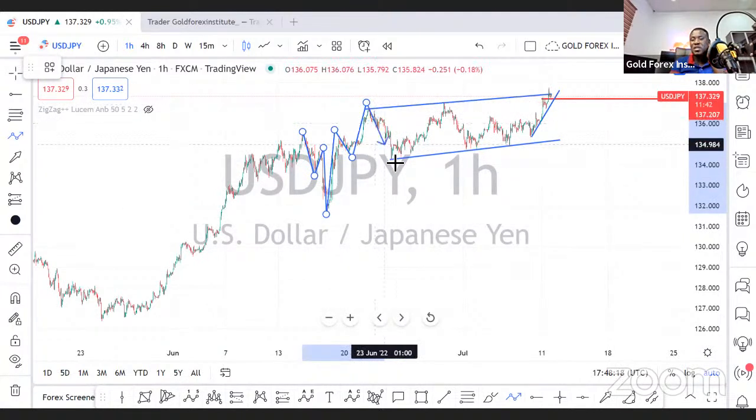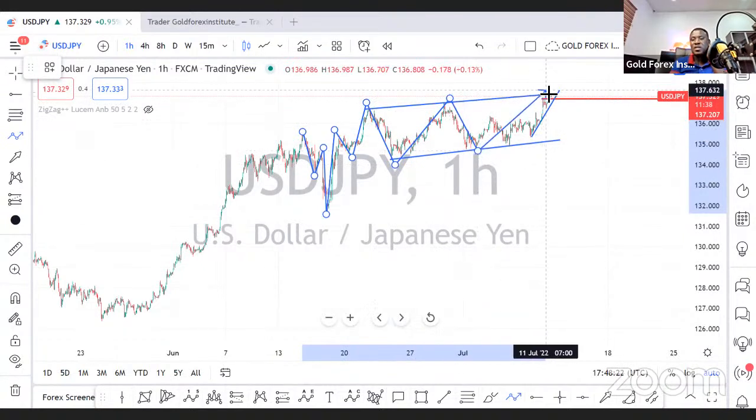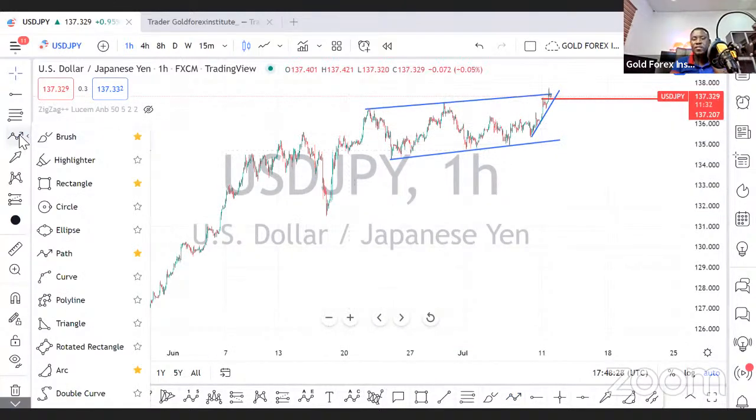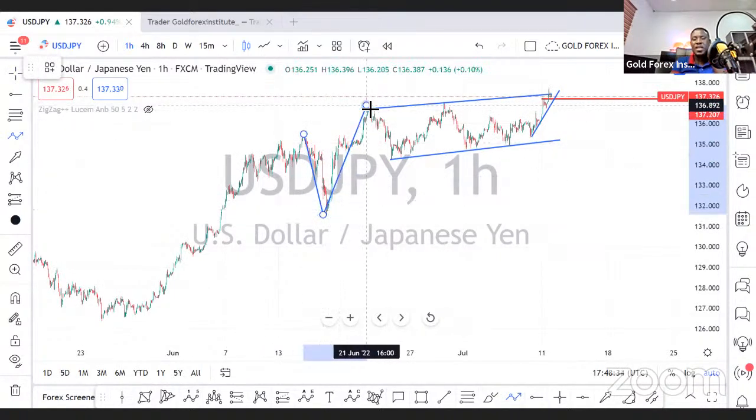Then the 5 waves, A, B, C, D, E. So it should have been this way rather. From here, A, then B is going for this.